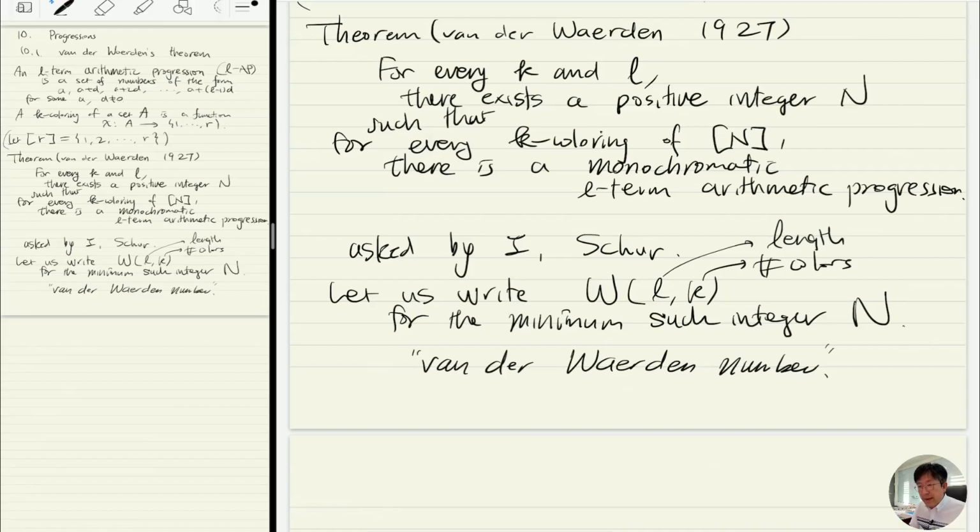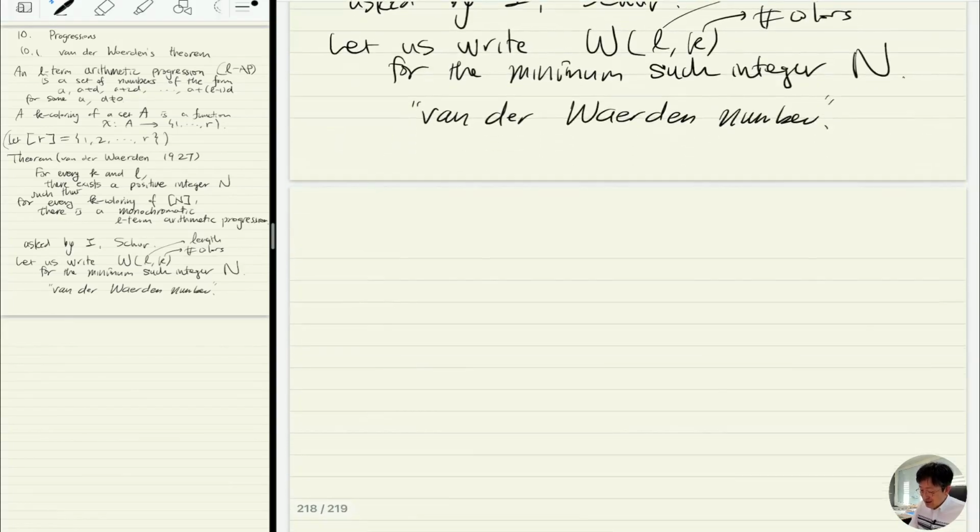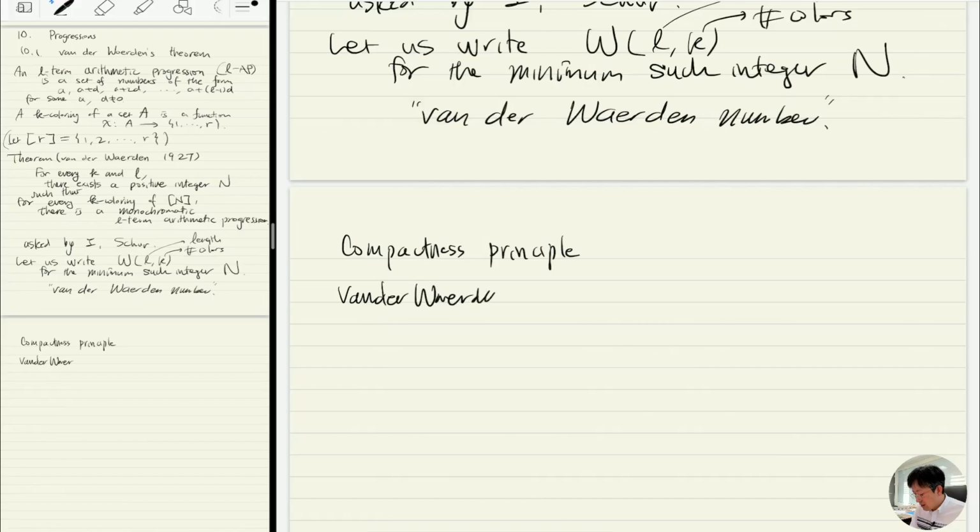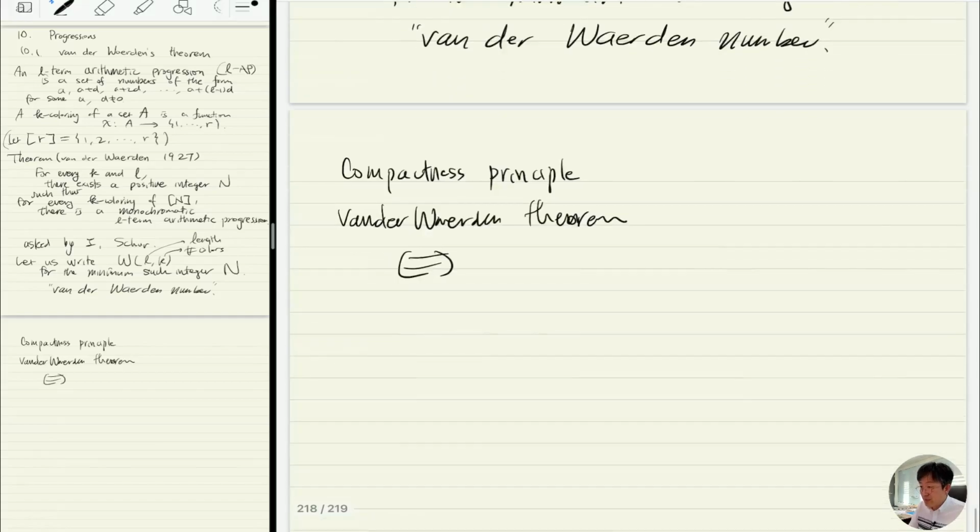And if you remember this compactness principle from the previous chapter, you will be able to see the following. So the van der Waerden theorem is equivalent to the following: any K coloring, any partition of the set of positive integers, should I write N?